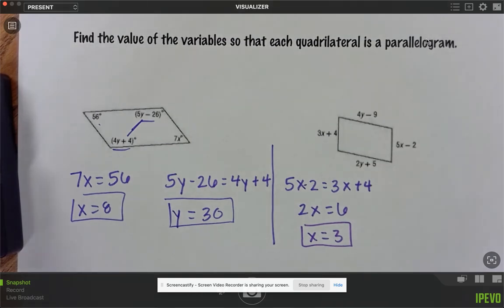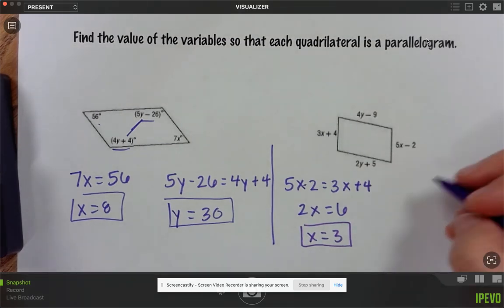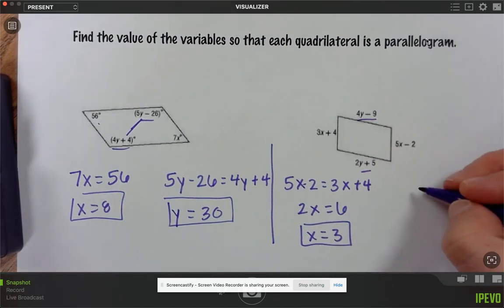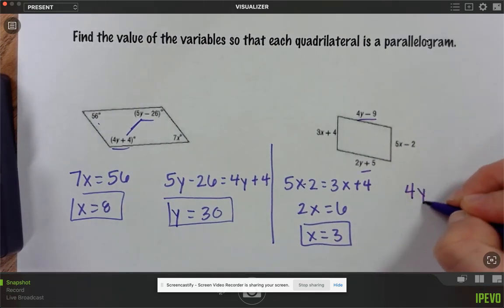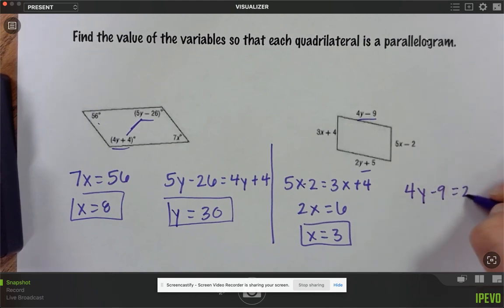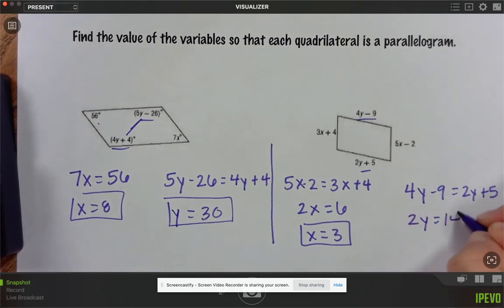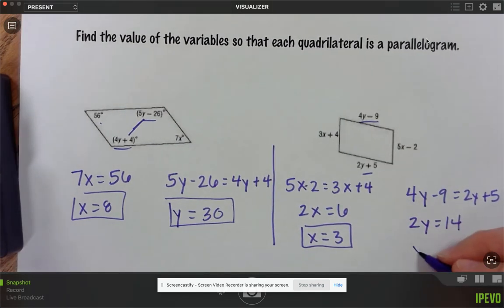And then our last one here, again, set our y expressions equal to each other because opposite sides are congruent. Divide out, and hopefully you get y equals 7.